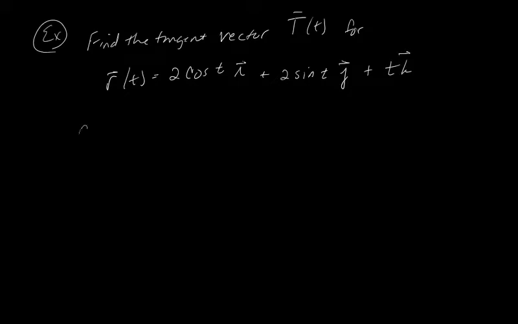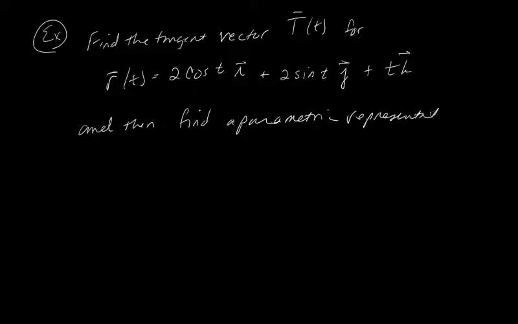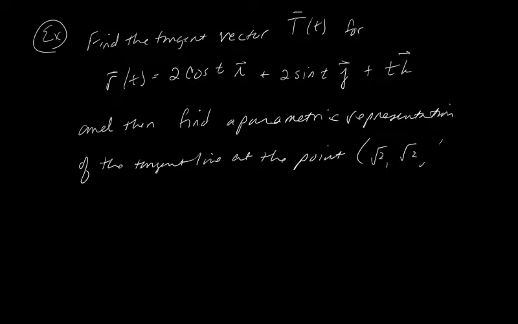And then find a parametric representation of the tangent line at the point root 2, root 2, pi over 4.